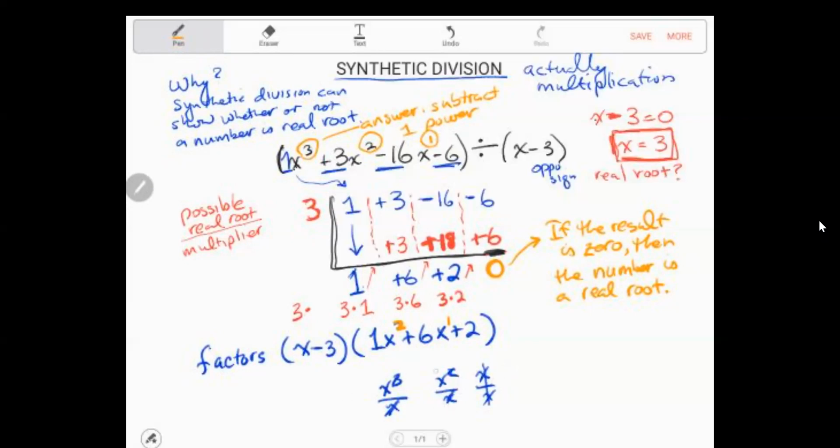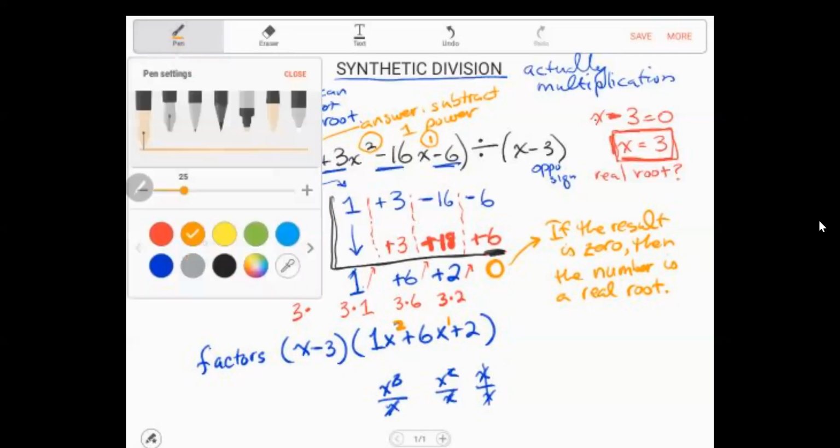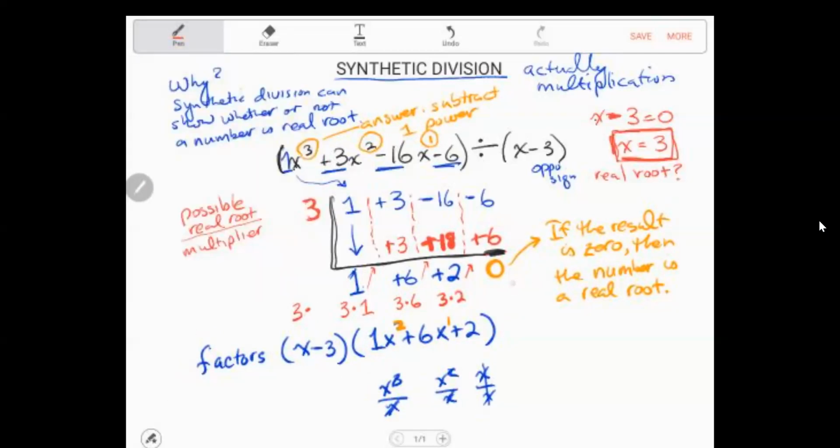All right. Okay, so there's 2 answers here, if you want to think about that. Okay, one answer is that yes, 3 is a real root of this equation, this function. All right, and then the second is the factors.